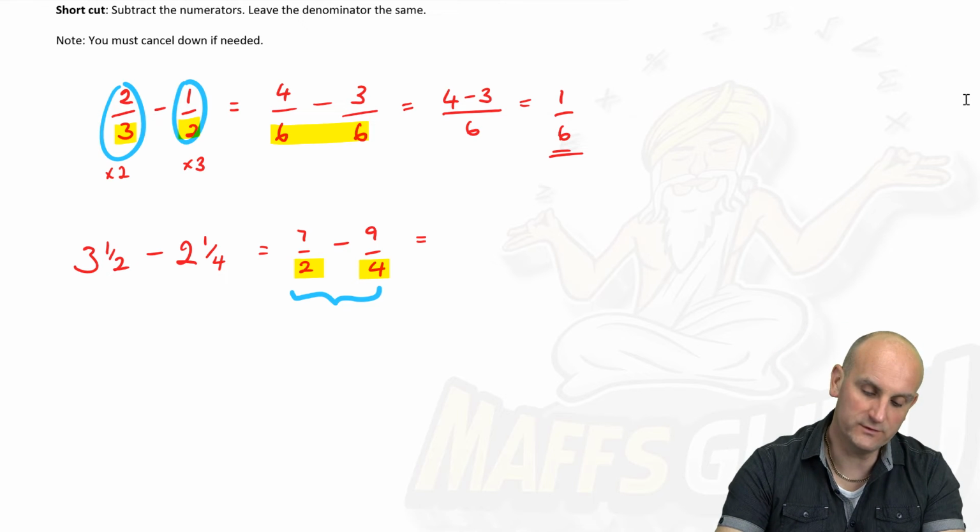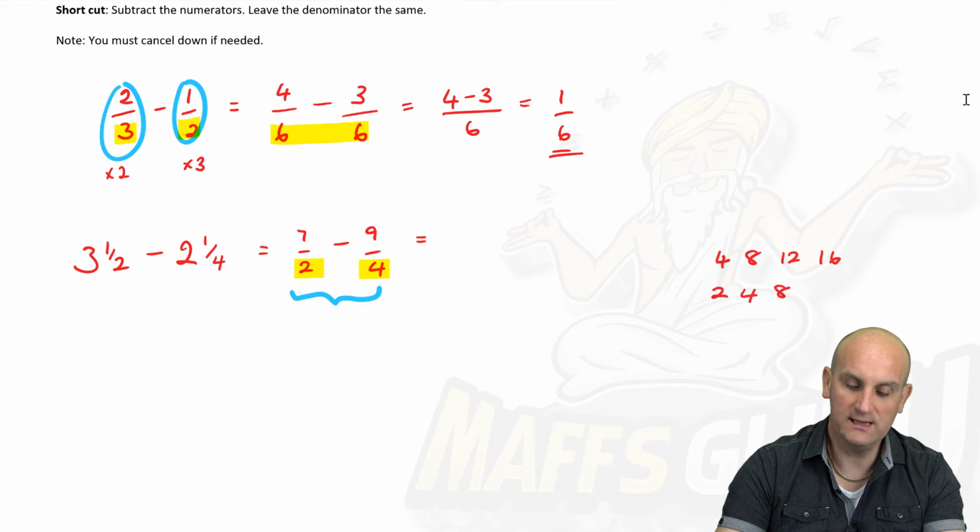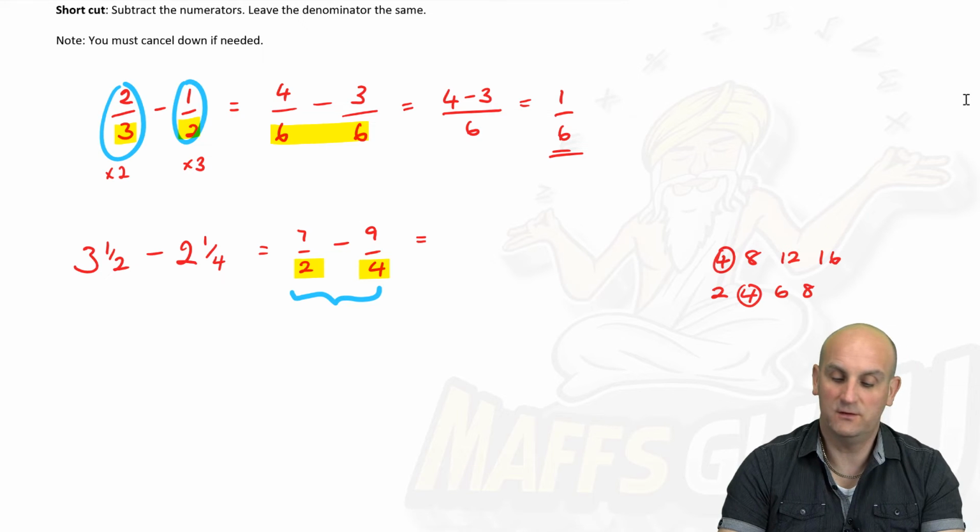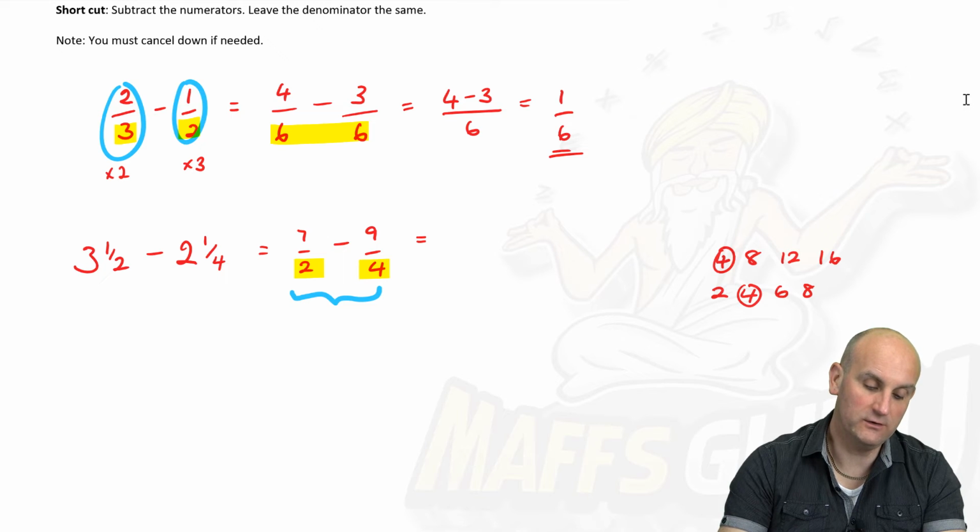All right, so if I look at the 4 times table, I have 4, 8, 12, 16. If I look at the 2 times table, I have 2, 4, 6, 8. What do I notice? 4 comes into both of them, and so 4 is my lowest common multiple. So what I'm actually going to do is change the bottom of these fractions to 4s.